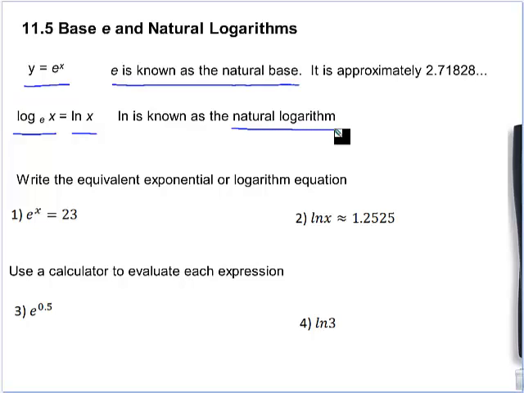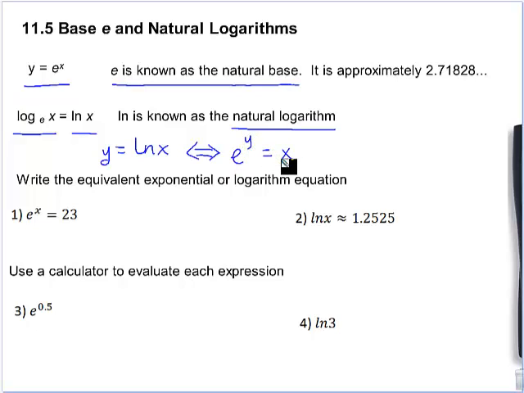So if we want to flip-flop and go back and forth between these two, we can use y equals ln of x is the same exact thing as e to the y is equal to x.